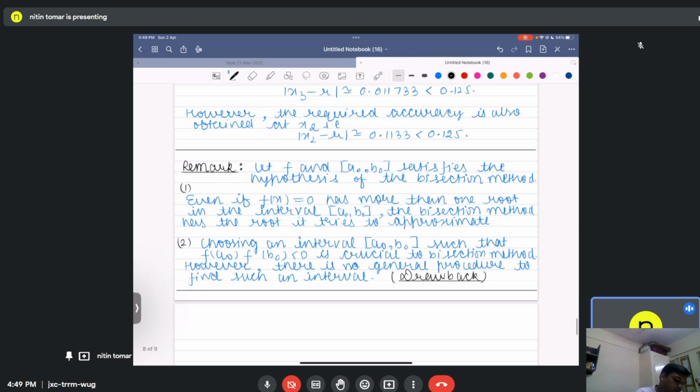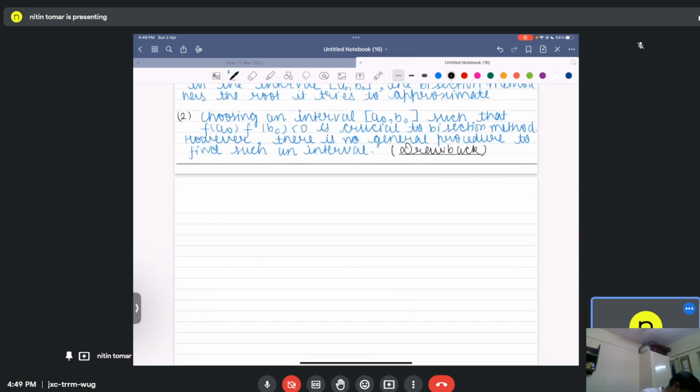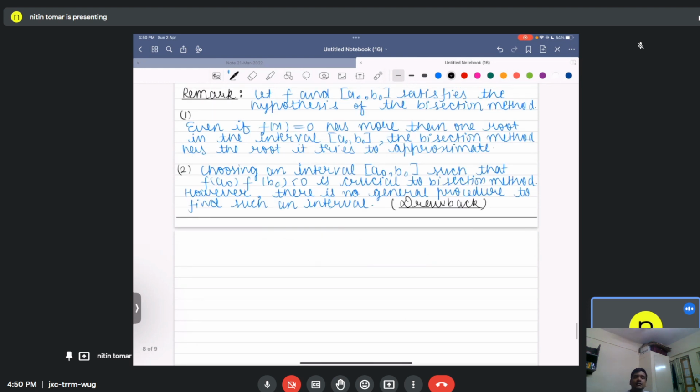So in the next class we will discuss methods of the type bisection method. We always need to start with an interval which already has a root of the given function, and this is a very important step to initiate this method.